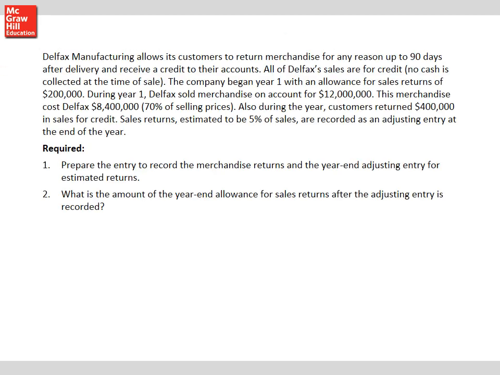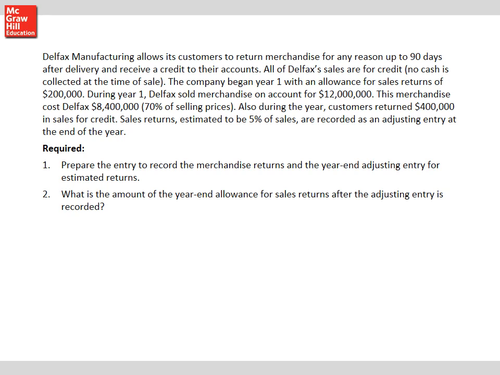Exercise 7-8. Delphax Manufacturing allows its customers to return merchandise for any reason for up to 90 days after delivery and receive a credit to their account. All of Delphax's sales are for credit, no cash at time of sale.